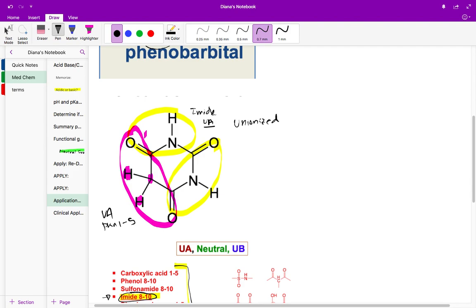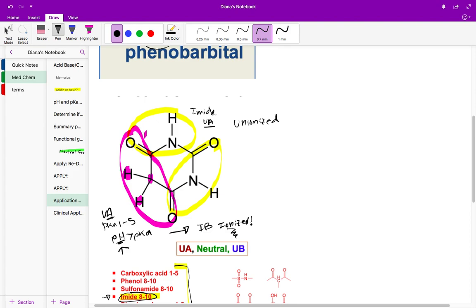And so in this case, when we compare it to pH 7, the pH is actually greater than the pKa. So now we're putting an unionized acid into a basic environment where the pH is higher than the pKa. And so that means I'm going to have primarily my IB, or my ionized form. Putting an acid in a basic environment is going to ionize it, or make it primarily its IB form.